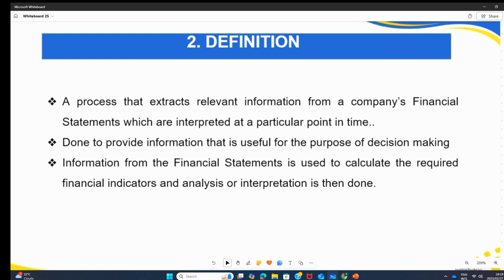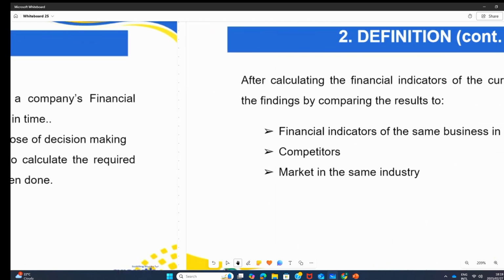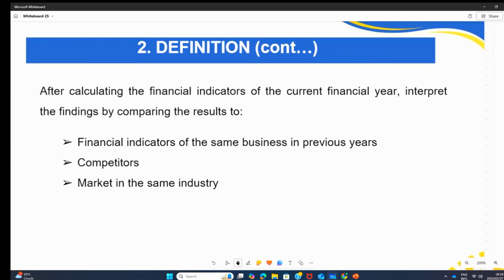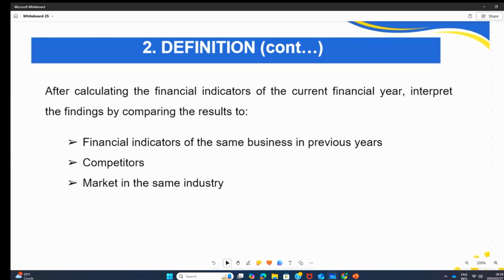Right. Now, let's move on to when we interpret this information that we have calculated, how do we go about this process? We go about this process by taking last year's results of the financial indicators and comparing them with this year's financial indicators. Now, when do we do that?